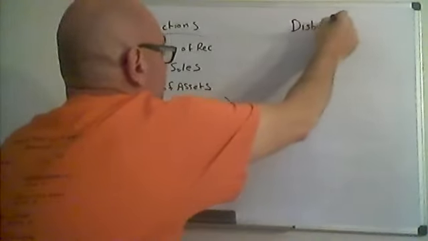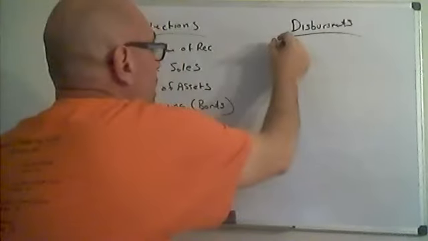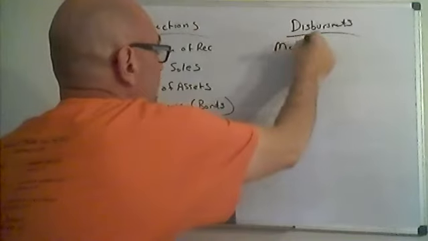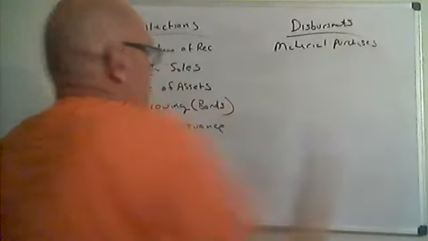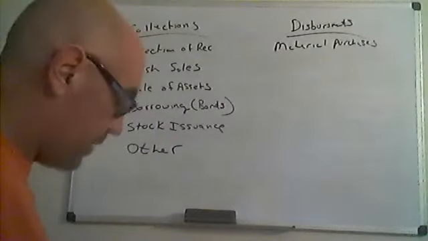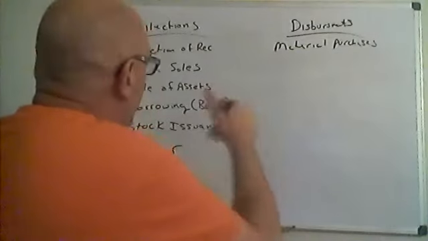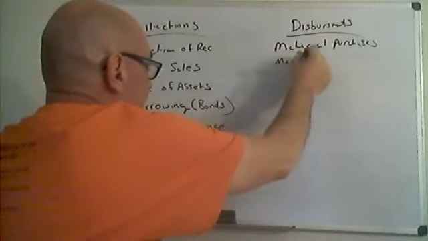For our disbursements, first we have material purchases. This is going to be our accounts payable schedule that we're going to work through after we do a receivable schedule. We have manufacturing costs.